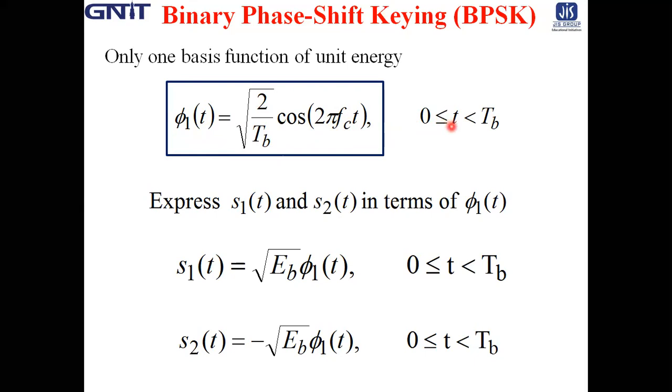Then we may express the transmitted signals S1(t) equal to square root of EB into phi 1(t), where t belongs to 0 to TB, and S2(t) equal to minus square root of EB into phi 1(t), where again t belongs to 0 to TB.